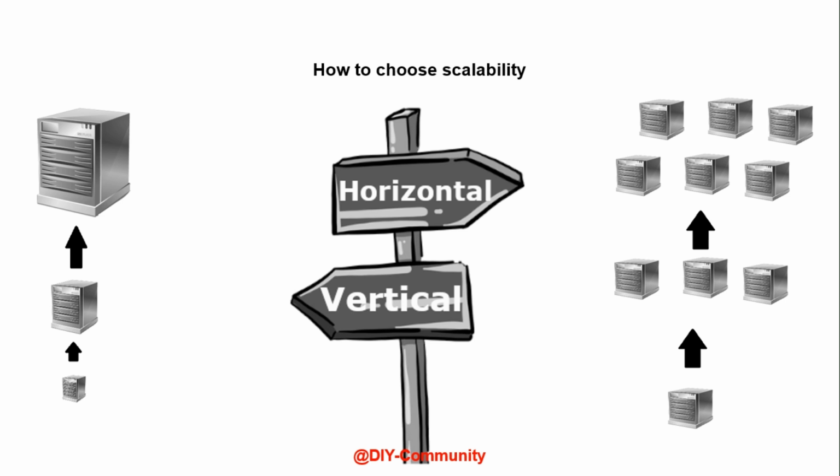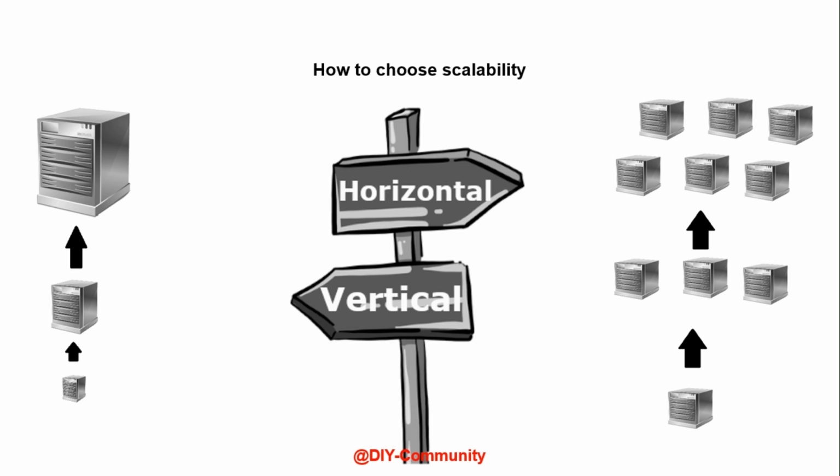Now, choosing between vertical scaling or horizontal scaling is a $1 million question. It depends upon a lot of factors based on your situation. The basic one is cost. Now, the initial hardware cost for horizontal upgrades is higher.